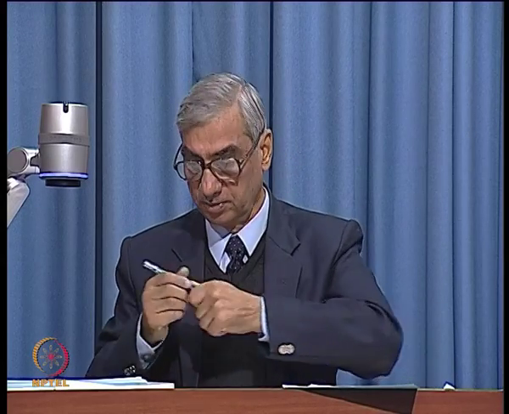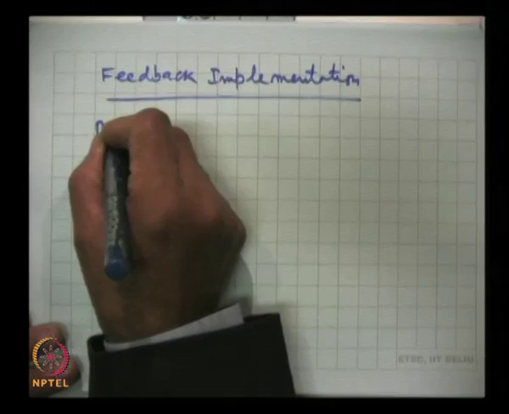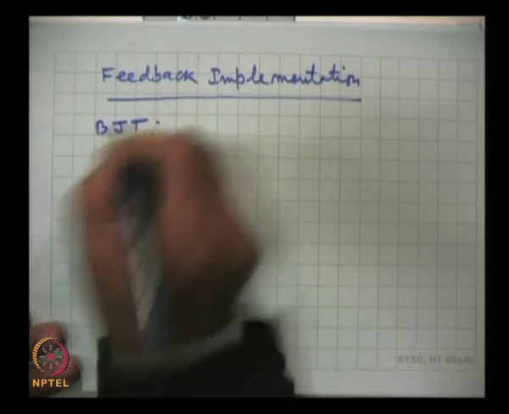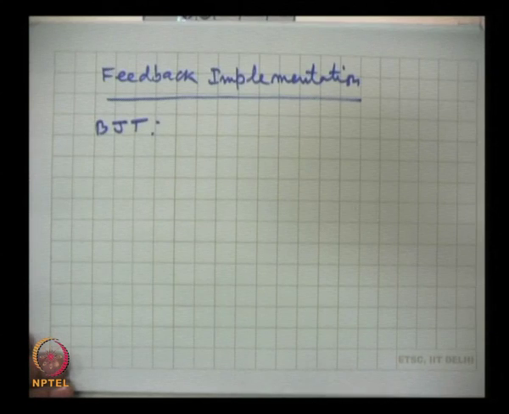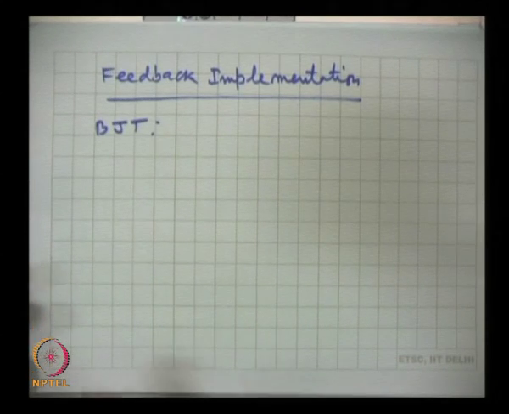First, I take two examples from the BJT, the bipolar transistor. These two circuits we have talked about earlier, and I am sure you must have noticed that I have used even there the word feedback. One is this example.